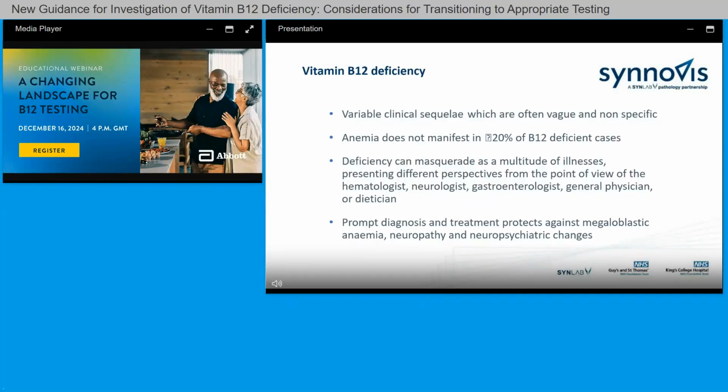So deficiency can masquerade as a multitude of different illnesses. But the prompt diagnosis and treatment of B12 deficiency is important because it protects against megaloblastic anemia, potentially irreversible neuropathy, and some neuropsychiatric changes.